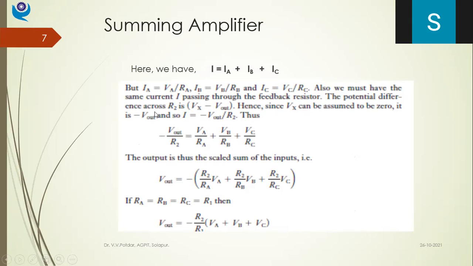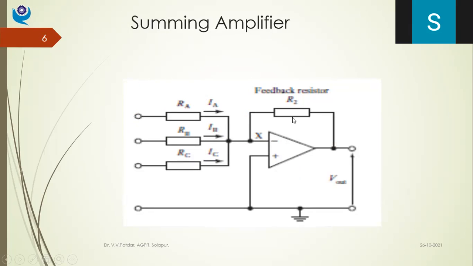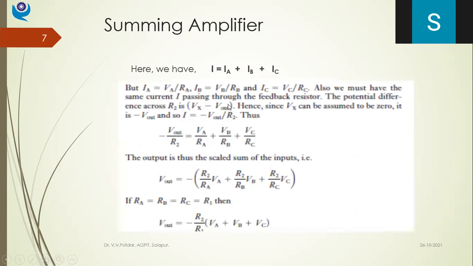The potential difference across R2 is Vx minus Vout. Vx minus Vout will be equal to current I into R2. Hence, Vx can be assumed to be 0, as we saw earlier for a high gain amplifier. So it is 0 minus Vout.